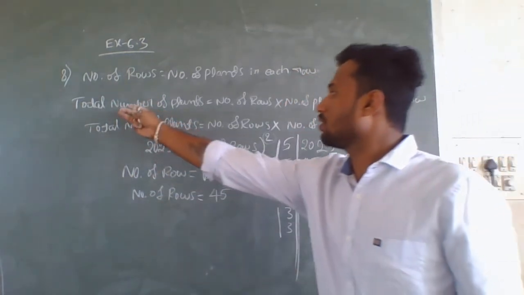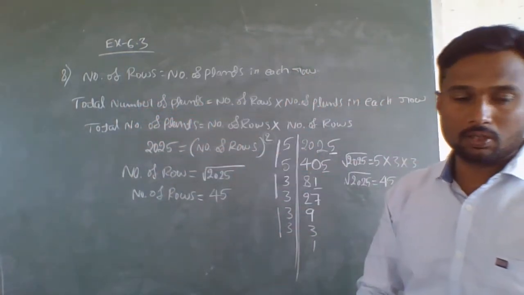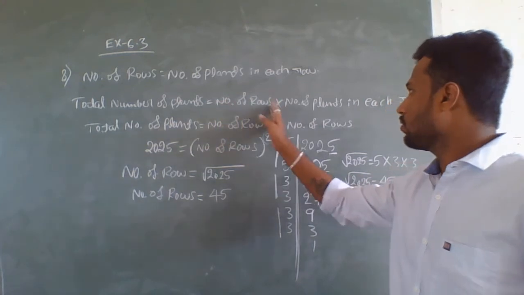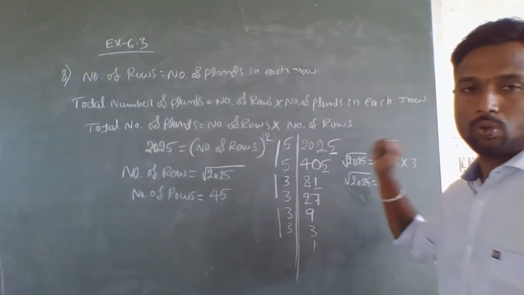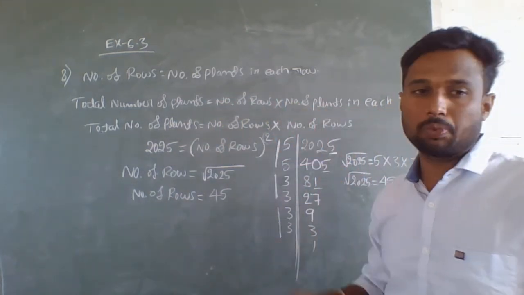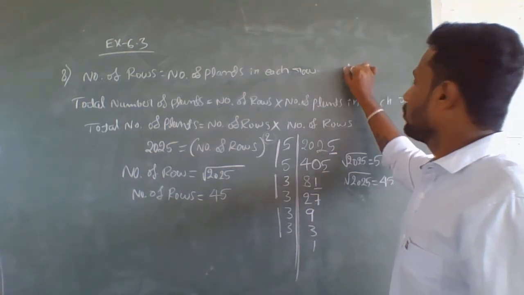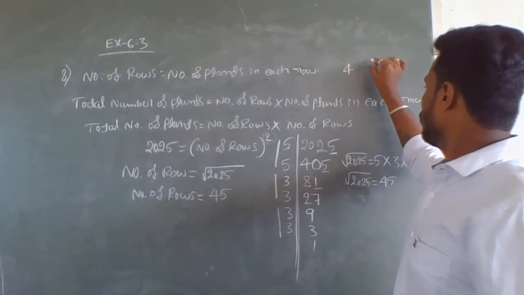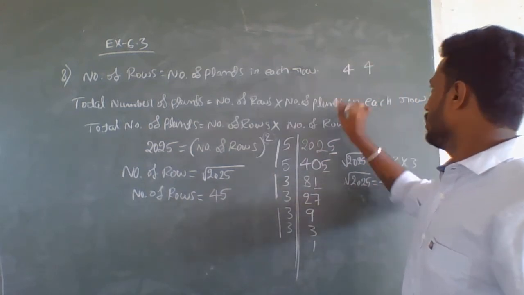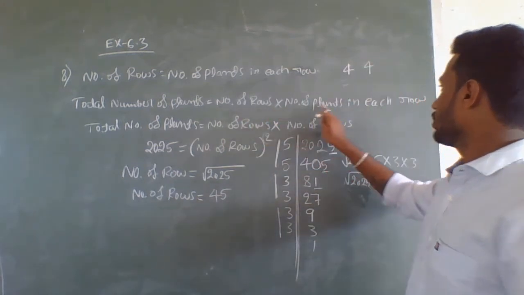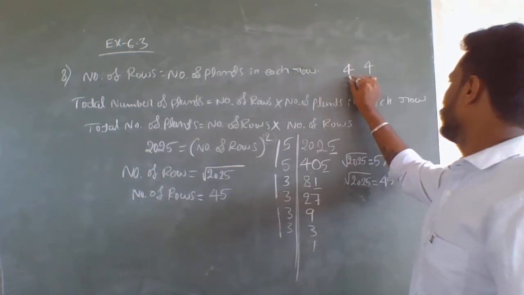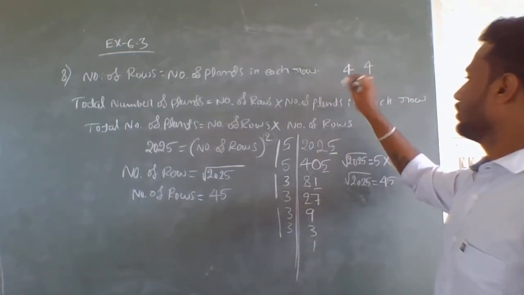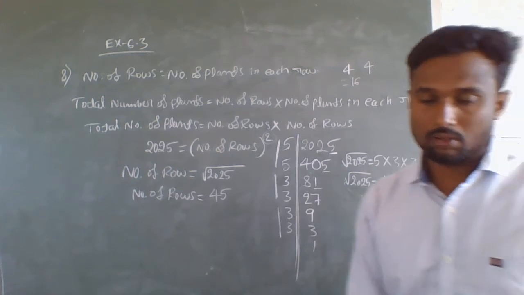So the total number of plants always equals the number of rows into the number of plants in each row. For this also I have given one example. If there are four rows and four plants in each row, then the number of rows into the number of plants in each row means 4 into 4, so there will be 16 plants.